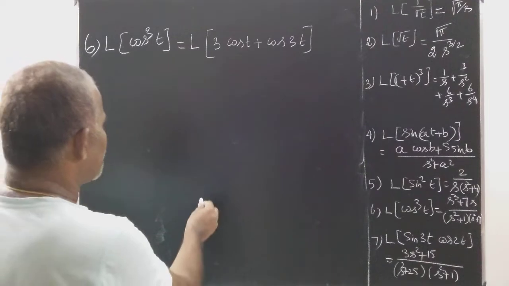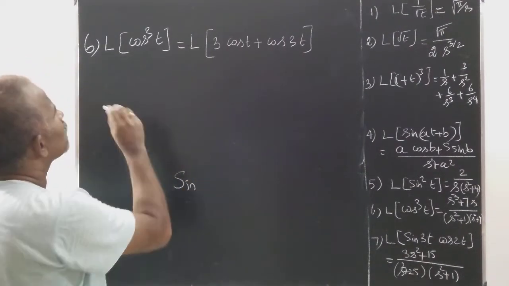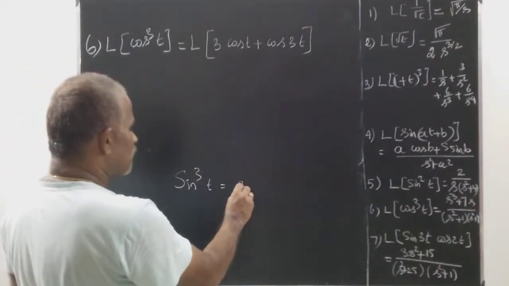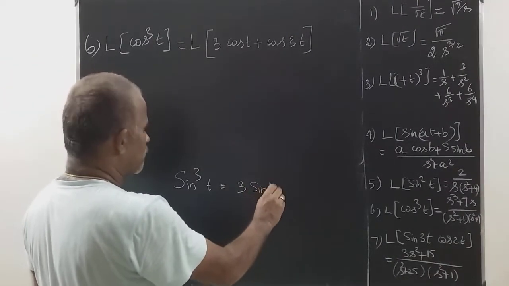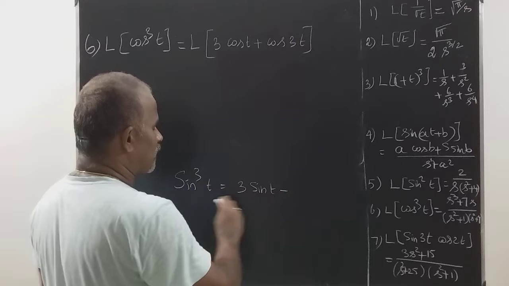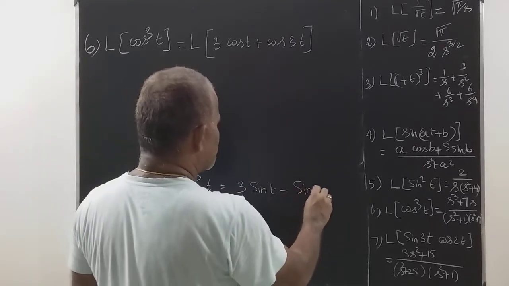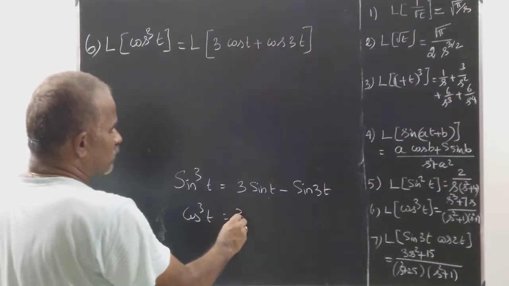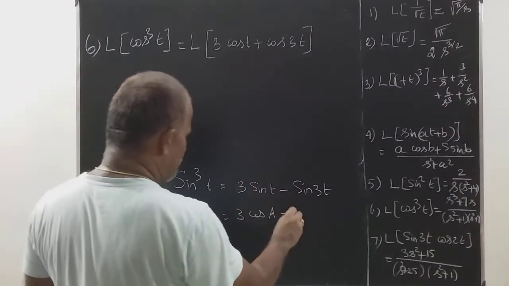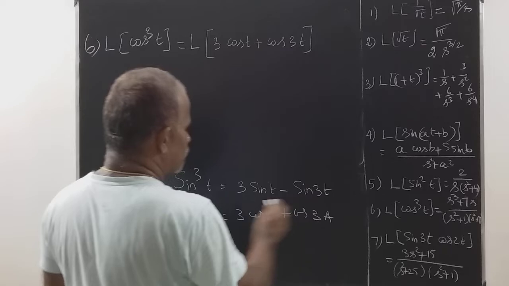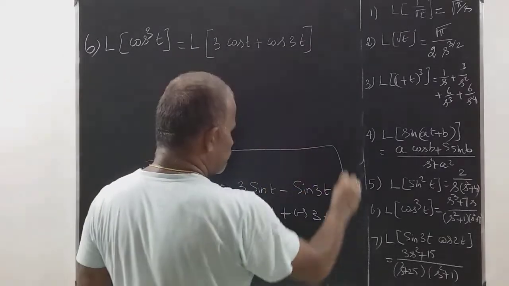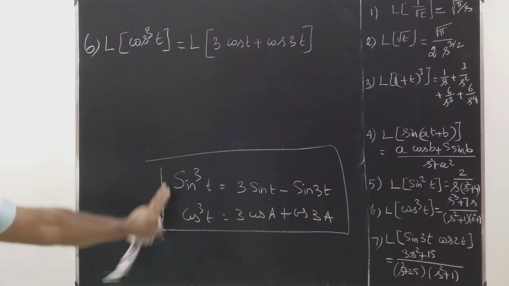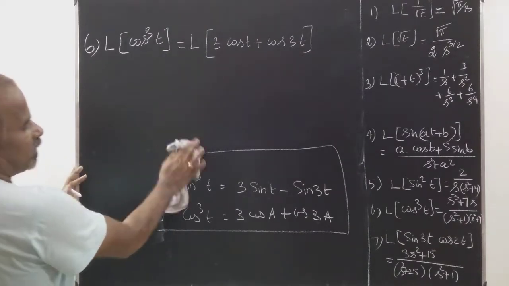Okay, we have the formula sin cube t is equal to 3 sin t minus sin 3t. Cos cube t is equal to 3 cos t plus cos 3t. So these two things are important. So therefore you have to make a note of it. Okay.